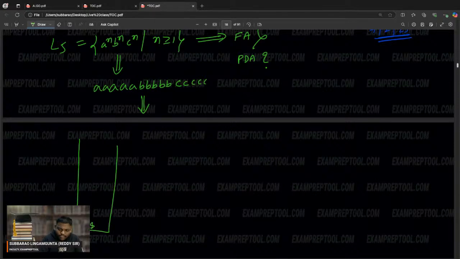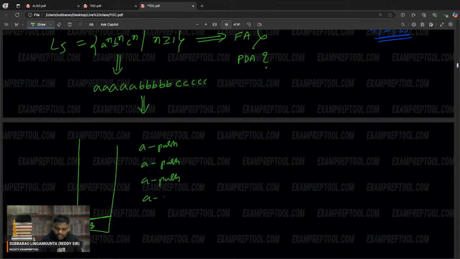Starting, keep dollar, which will indicate the bottom of the stack. Dollar means no one is there in the stack. Now see what happens. Whenever A comes, push. If A's are coming, push.